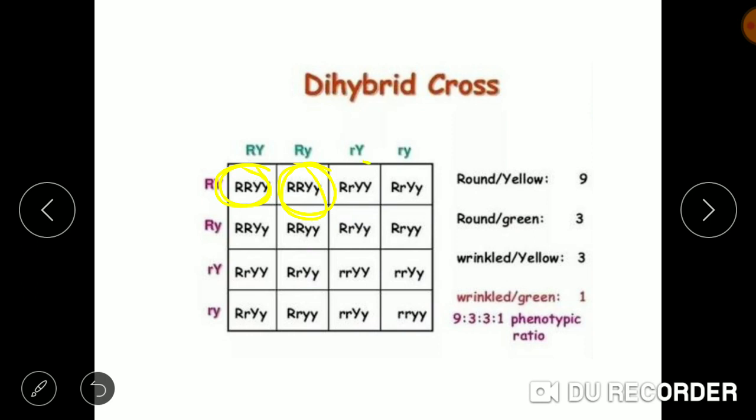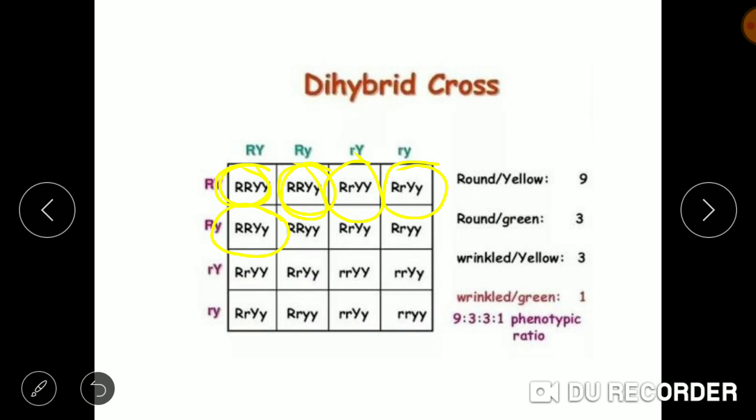Another case now here: capital R, out of capital R and small r, we'll give importance to capital R since it is dominant. And here both are capital Y, so we will take capital Y. So the next phenotype of the offspring will be round and yellow. Similarly, the next one will be again round and yellow, since we have taken capital R and capital Y dominant. Now similarly here also we will take capital R and capital Y. Now this we will leave because there is no capital Y over here.